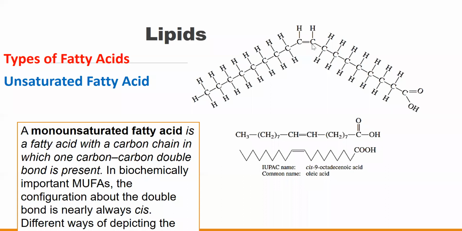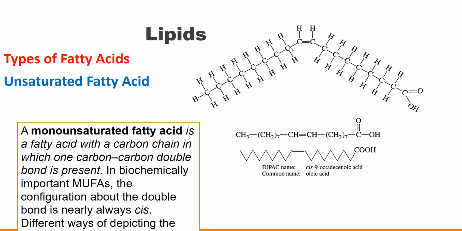You see here in the structure, it's not a straight packed chain. We call this unsaturated because of this double bond, and we can see in the structure that it is not linear.